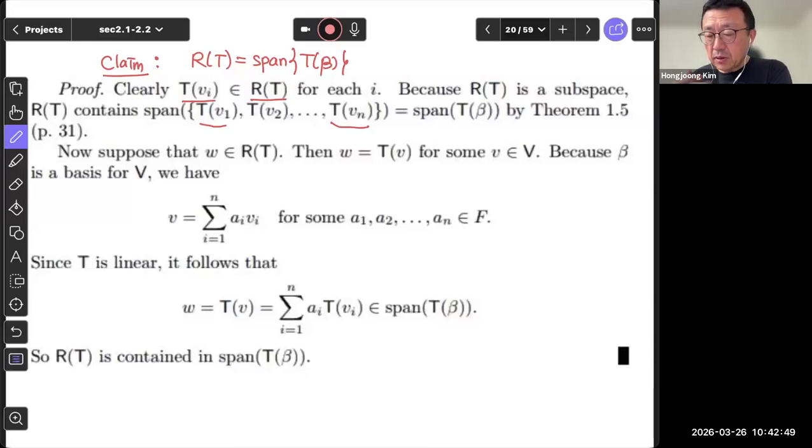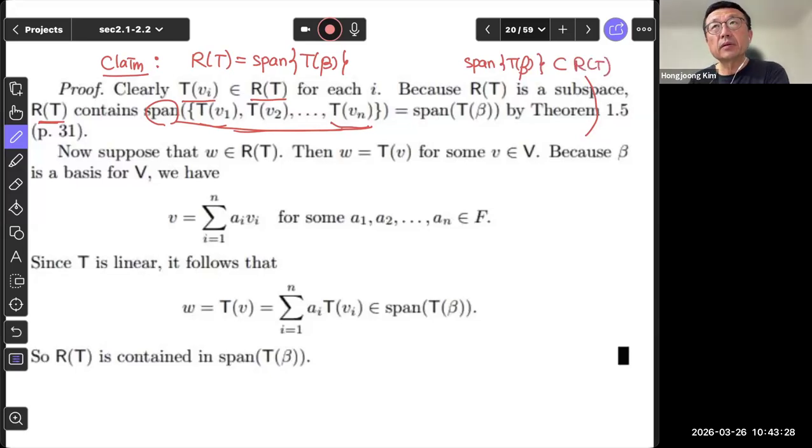And since the range is a subspace, any linear combination of these vectors will still be included in the range, meaning the span of these vectors will be contained in the range. Okay? So the upper three lines imply that the span of T of beta is contained in the range. Okay, so we just considered one direction of the inclusion.